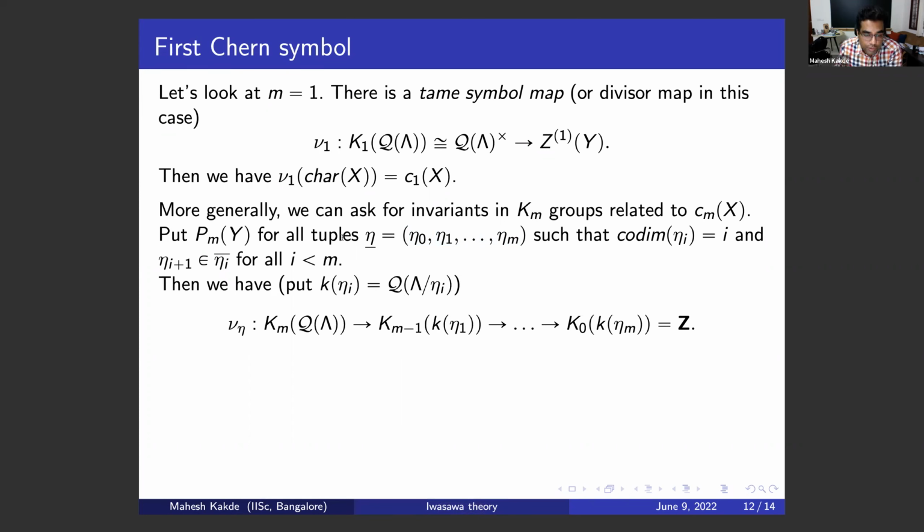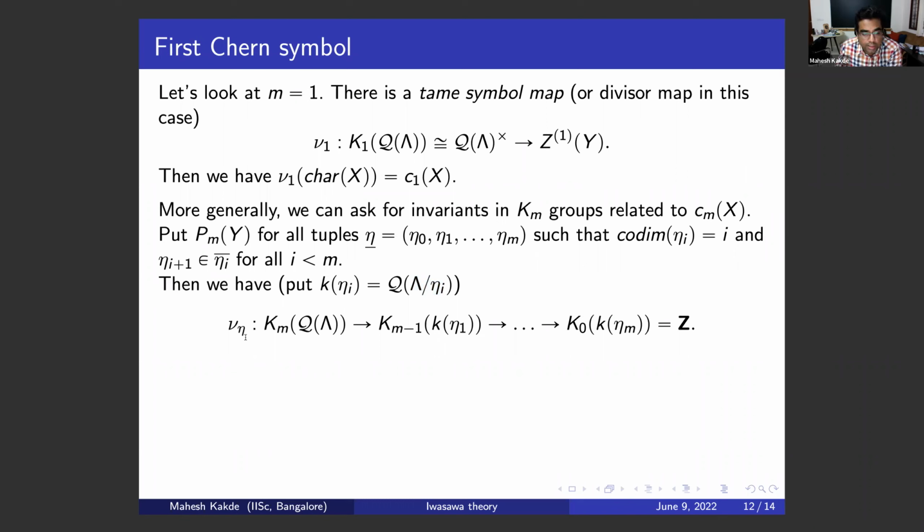I put small k of eta I to be the total ring of fractions of this quotient ring, the total ring of fractions of lambda mod eta I. And then I have these same symbol maps.